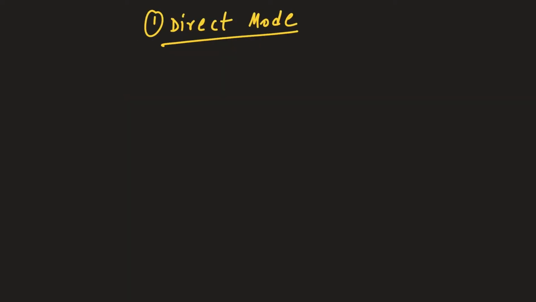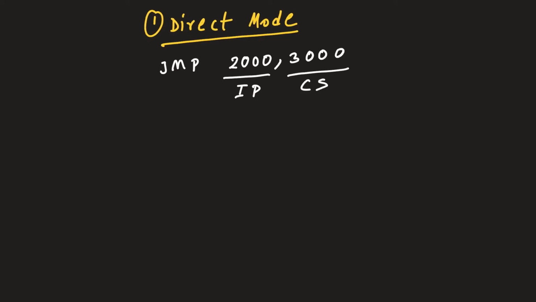In direct mode, the content of the instruction pointer as well as the code segment is given in the instruction itself. This is an example of direct program memory addressing mode. In this instruction, the content of the new IP and the content of the new code segment is mentioned.